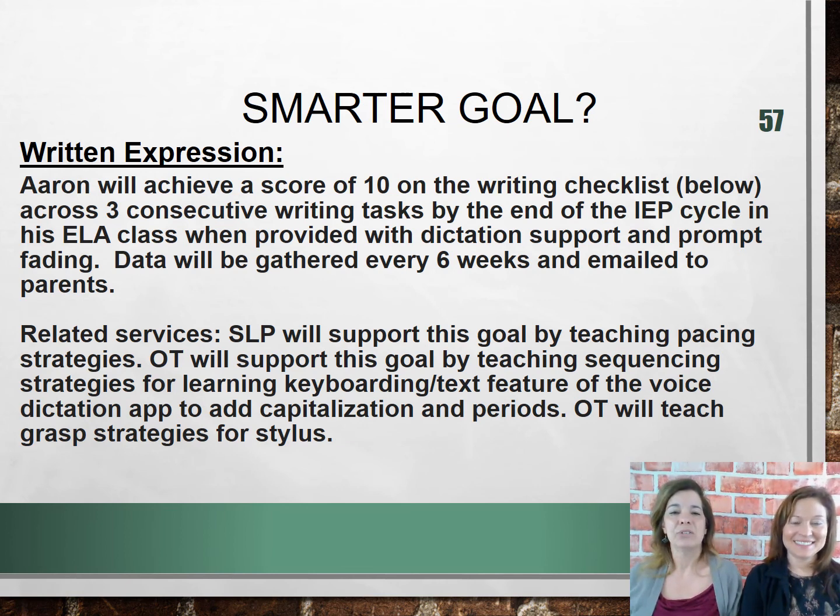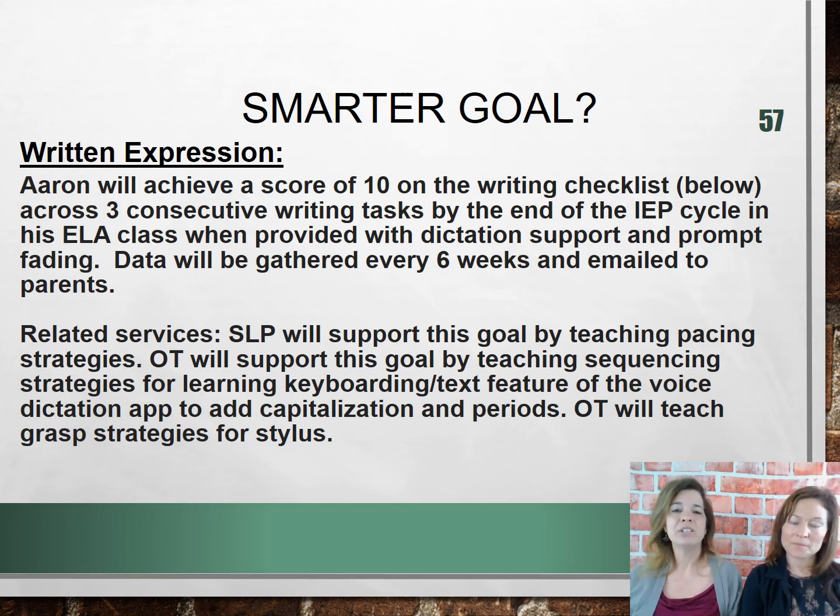Recently, he used a dictation app for 4 trials to produce 1 to 2 run-on sentence responses. His speech was rushed and some of the words were not reflected accurately in the dictation app. Of course, we've seen that. The teacher could not tell where sentences were starting due to missing punctuation and capitalization.